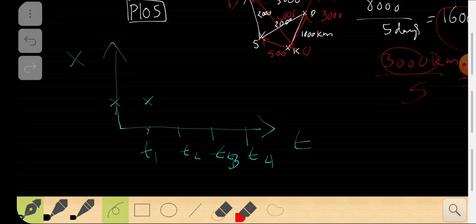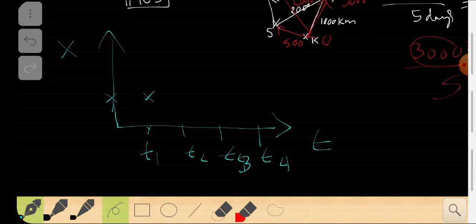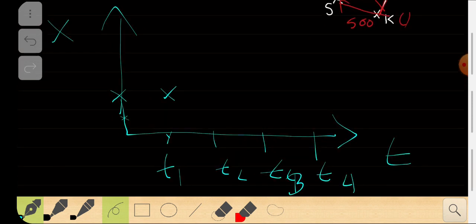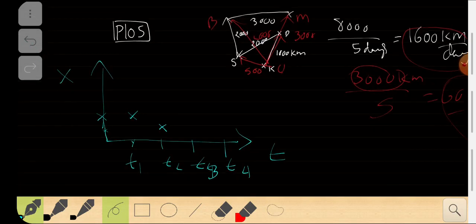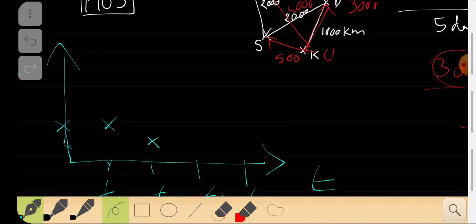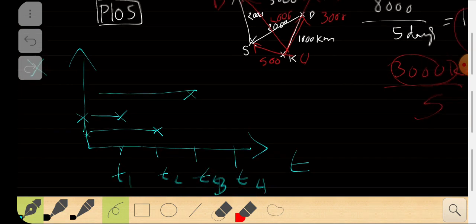At t2, I will be at Saudi Arabia, so it will be around 500 kilometers. So I will be around here. At t3, I will be at Britain, which is around 2000 kilometers away from me. So I will be here, that is around 2000. So this is 1500 and 2000.